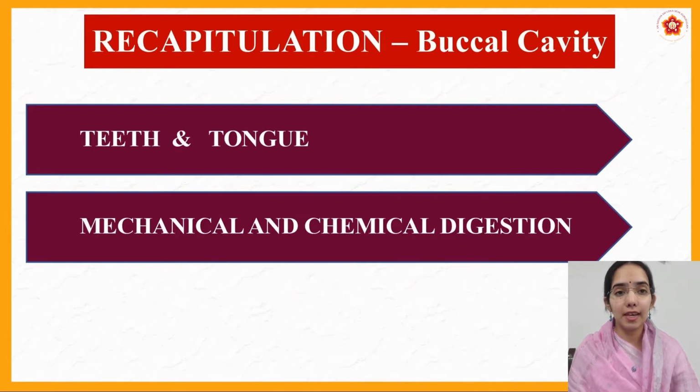So teeth are responsible for mechanical digestion. Then in our buccal cavity, the saliva helps in the breakdown of starch present in the food. That is chemical digestion. So saliva in our mouth is responsible for chemical digestion.